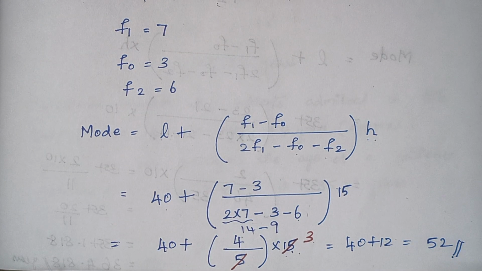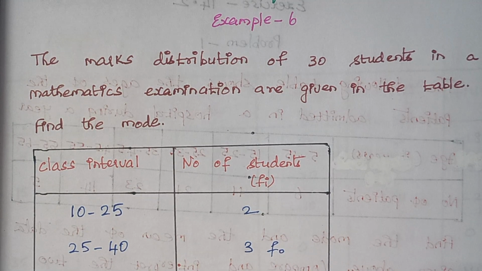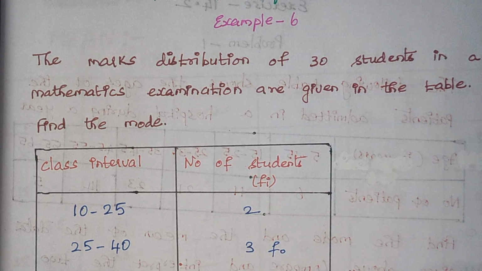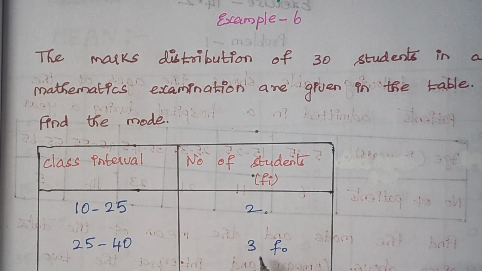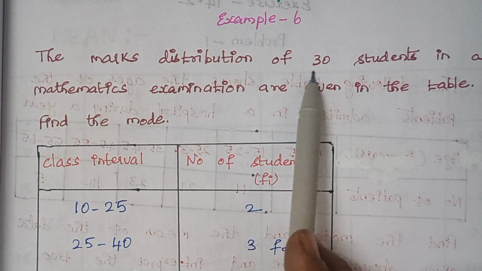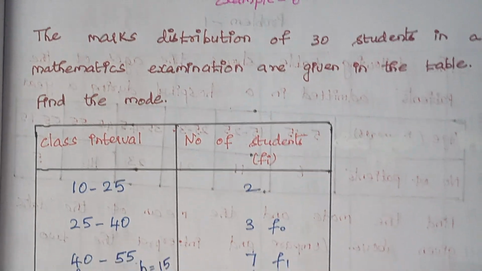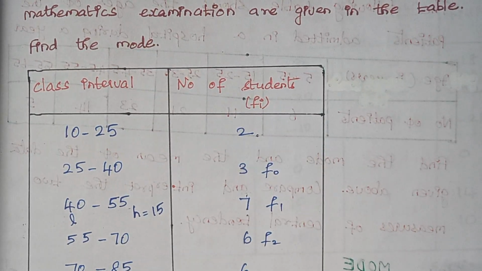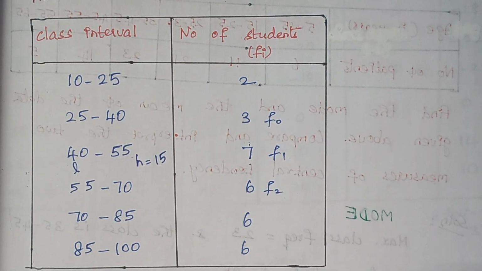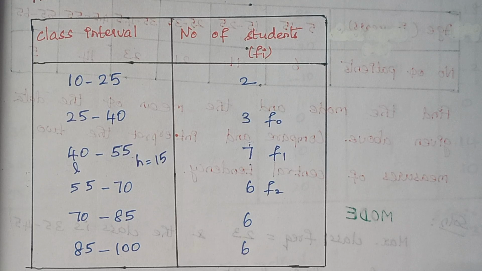So what do you infer from the value 52? Here the problem is, so what is the given problem? You see, here the marks are given, right? The marks scored by 30 students in mathematics subject is given here. So what does the value of mode indicate here? Here the value of mode is equal to 52.